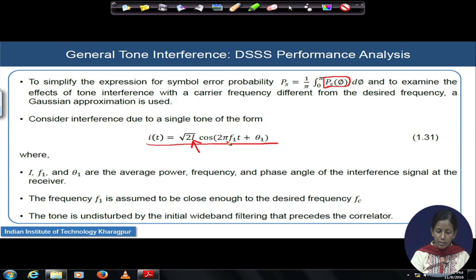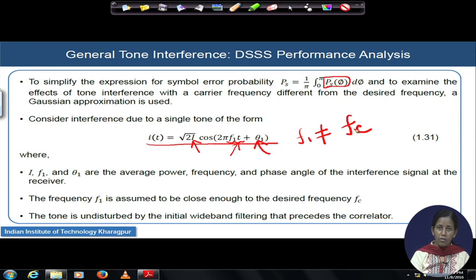Remember, now the signal is transmitted by the jammer at f1, and f1 is not equal to the intended signal frequency fc, and theta 1 is the corresponding phase of this jamming signal. Theta 1 is measured with respect to the desired signal.